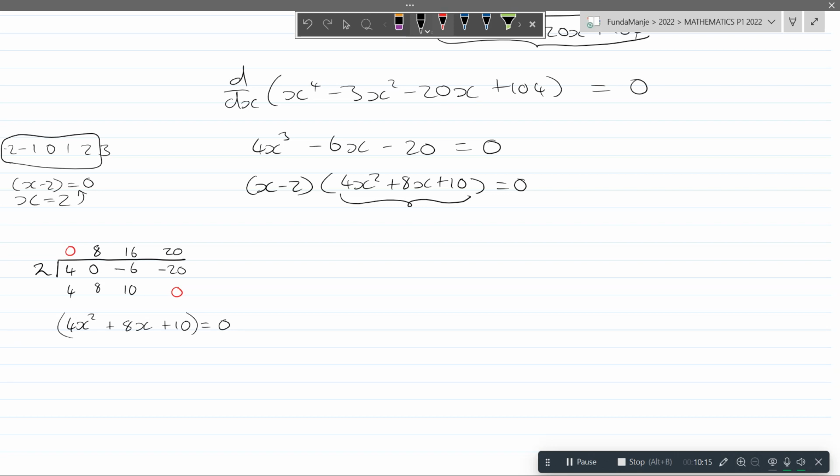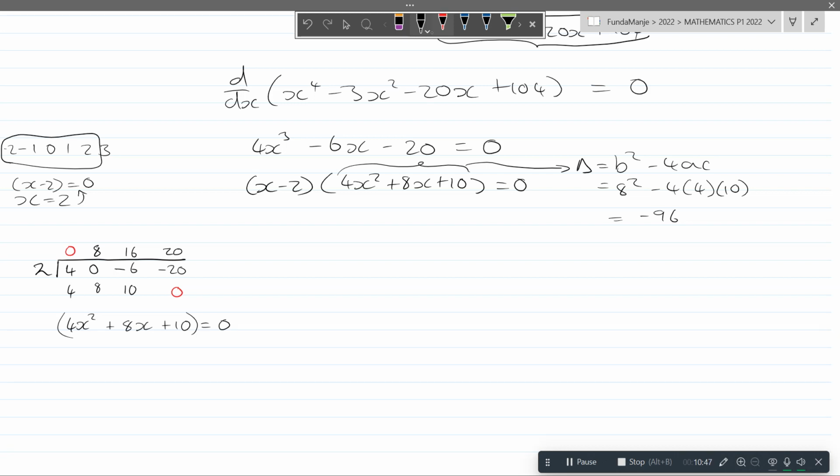So if you work out the nature of the roots, by nature of the roots, I mean the formula b squared minus 4ac. It tells us if the roots exist, they don't exist, or if they're equal or rational or whatever. So b squared in this case would be 8 squared minus 4. A is 4, c is 10. This gives us a value of minus 96.